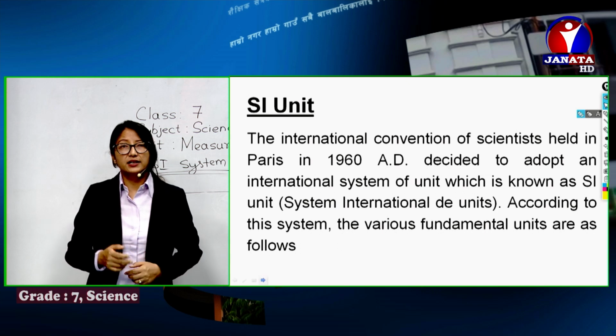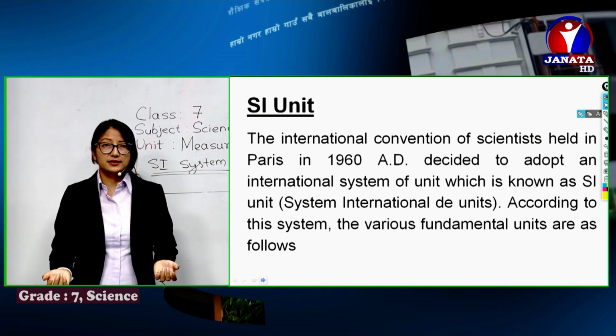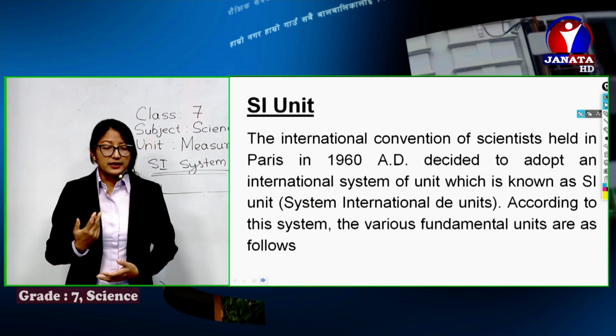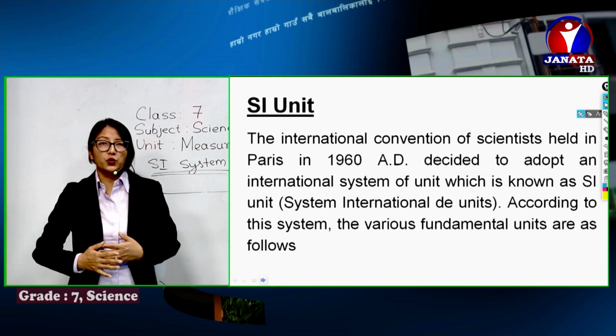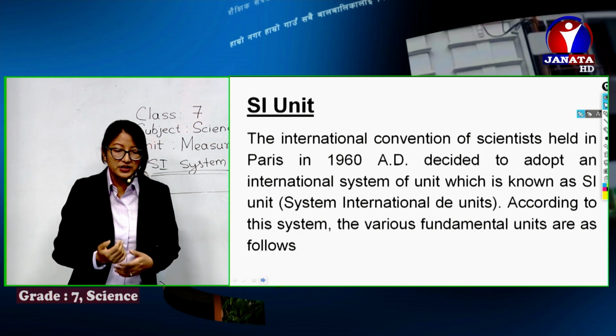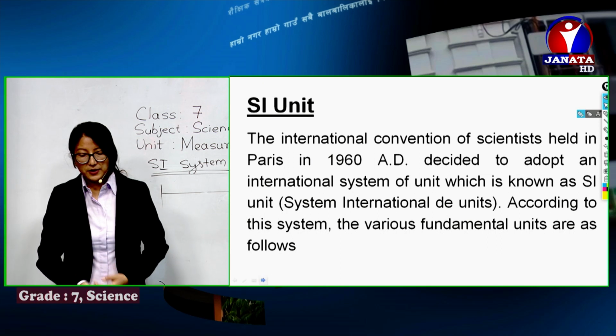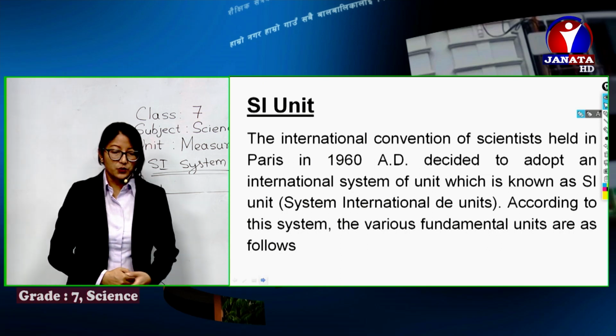Then the transactions would be impossible. That's why a separate, advanced unit was developed by the conference of scientists held in Paris, France. Then it was defined like this.